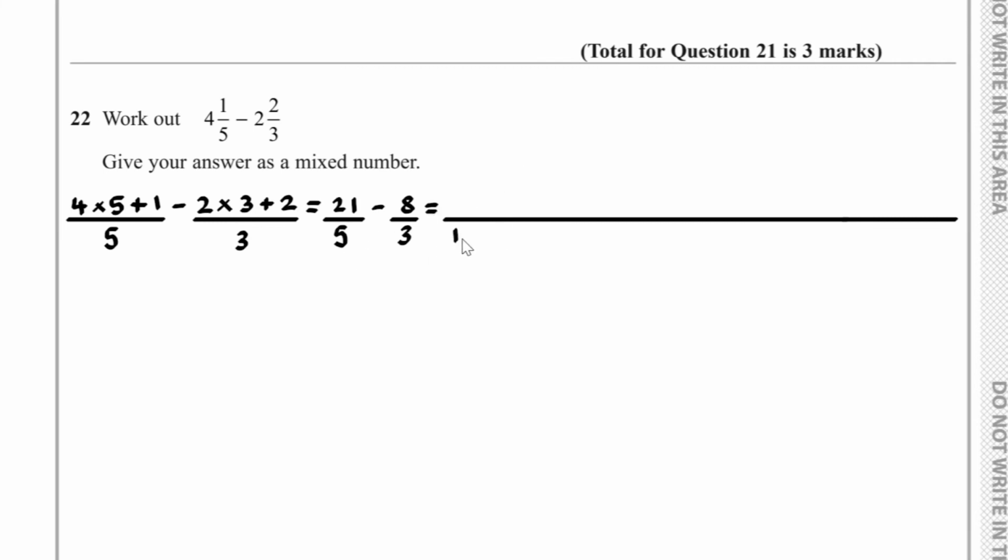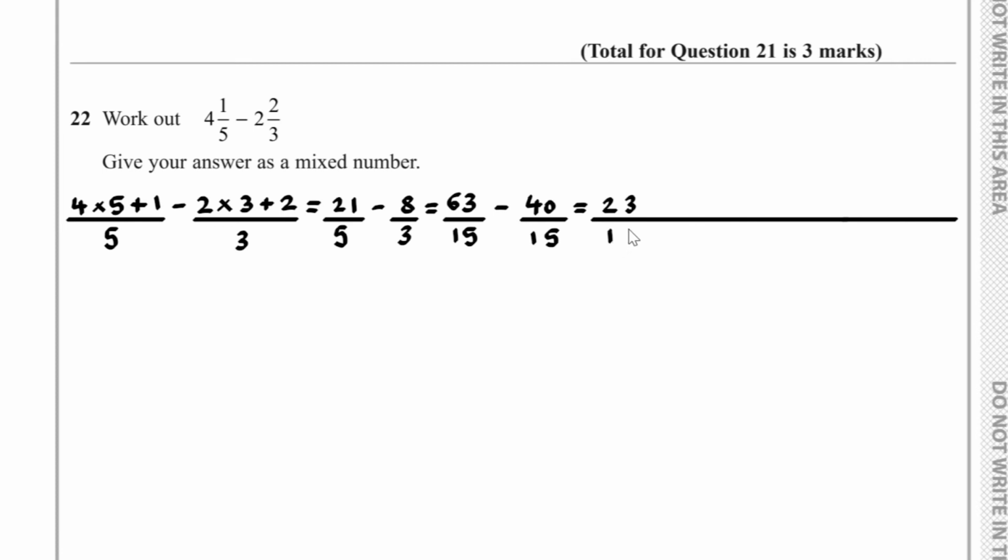Now if I rewrite this, so I've got a common denominator of 15, well, from 5 to 15 are times by 3, so 21 times 3 is 63. From the 3 to the 15 are times by 5, 8 times by 5 is 40. So now, if we subtract these, 63 take away 40, that's 23.